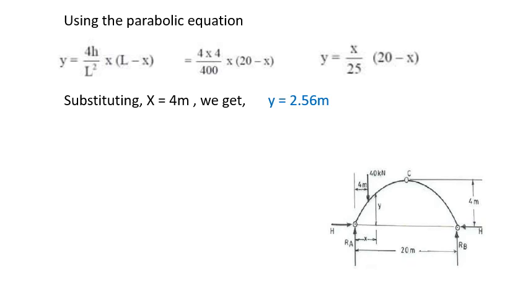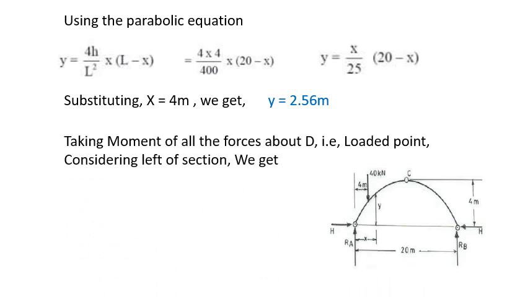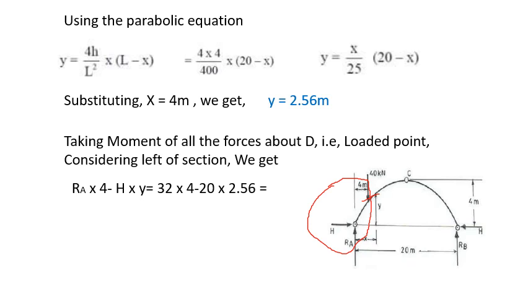So we have found out y. So next step is to find out the internal forces. Taking moment of all the forces about D and considering the left of the section of the point D, we are taking the moment about this point. So considering the left of the section, what are the forces acting?